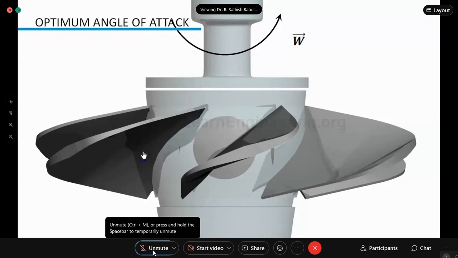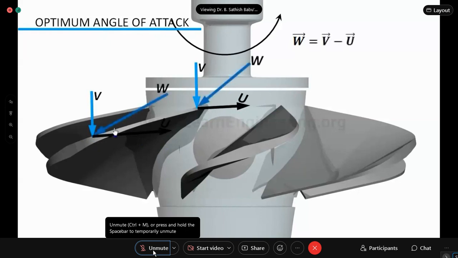Even though the absolute velocity is axial, the relative velocity will be inclined depending upon blade velocity. The inclination of relative velocity increases as we move from root to tip due to increasing blade velocity. There should be a continuous twist in the blade from root to tip so that at every cross section the angle of attack is optimum.